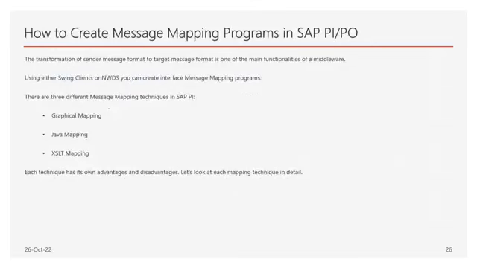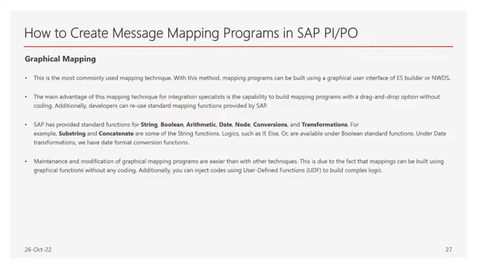Yeah, so there are multiple mapping techniques inside your PI. One is graphical, Java, and XSLT. The first option that we use is graphical mapping. Later, we go for either Java or XSLT mapping. As part of graphical mapping, which is the standard one provided to us by SAP, there are multiple options or standard functions provided by SAP, such as string, boolean, and arithmetic categories.